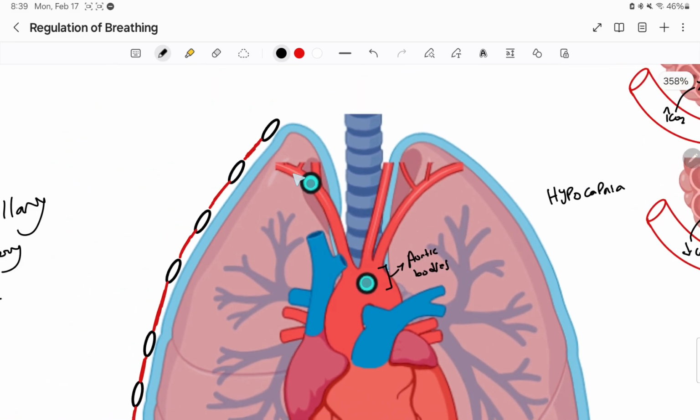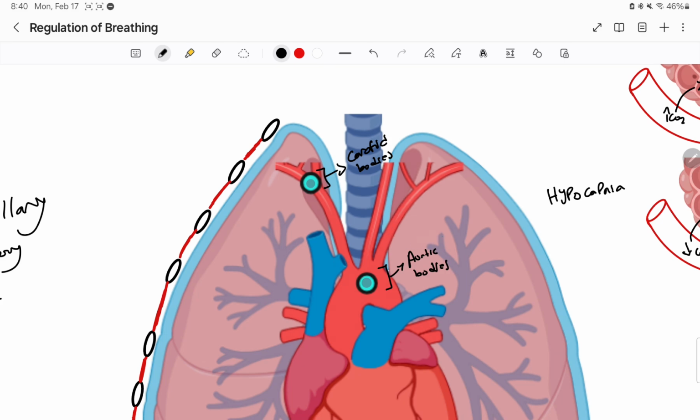And this guy right here, at the bifurcation point between the internal and external common carotid artery, these guys are called your carotid bodies. Together, both of them are called your peripheral chemoreceptors.